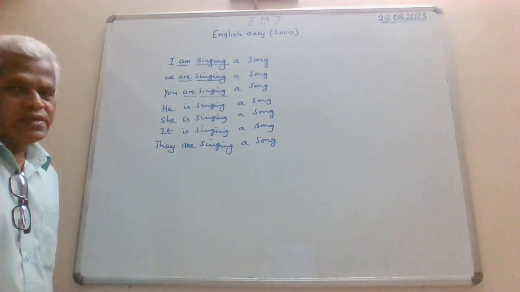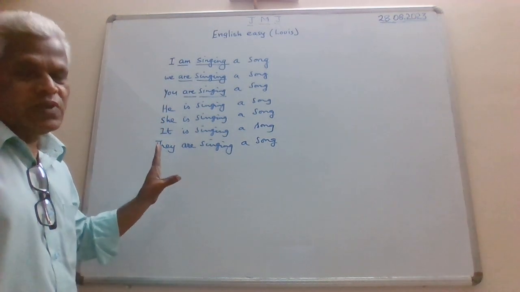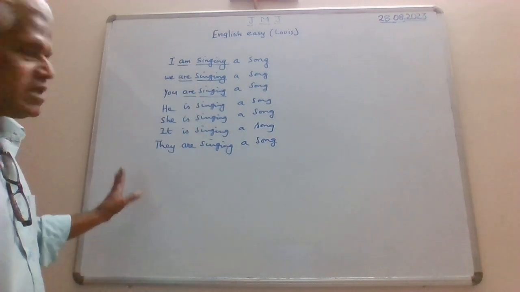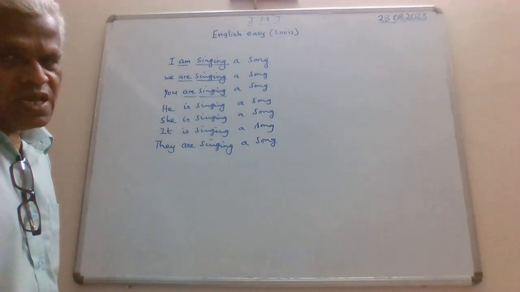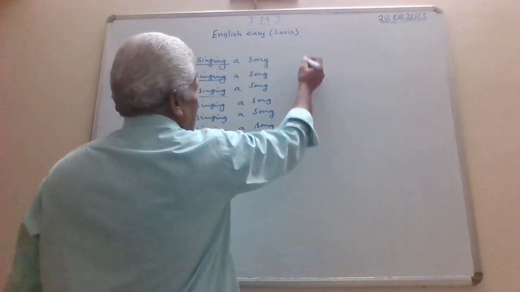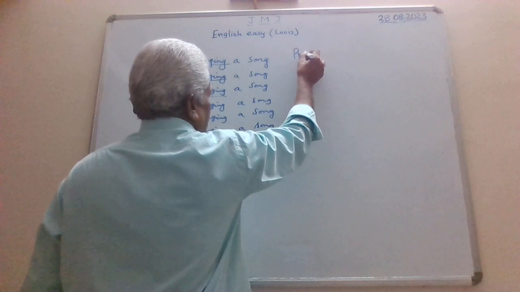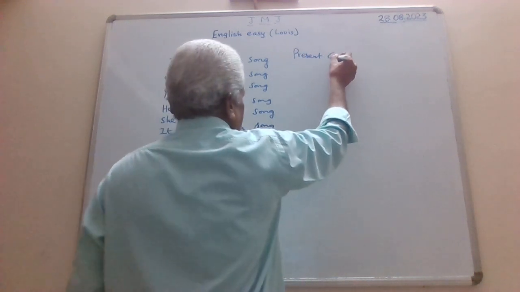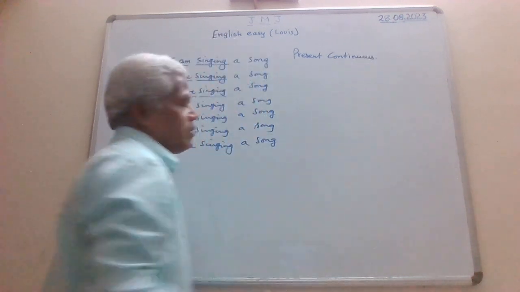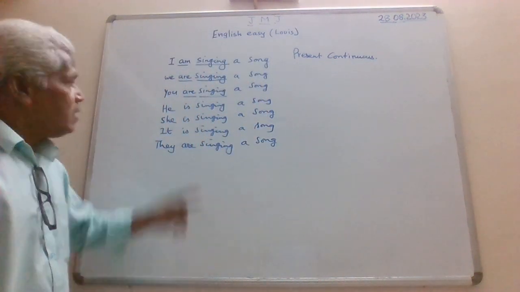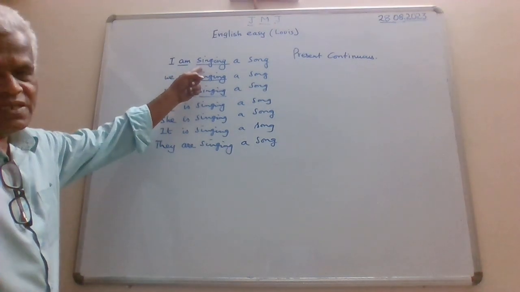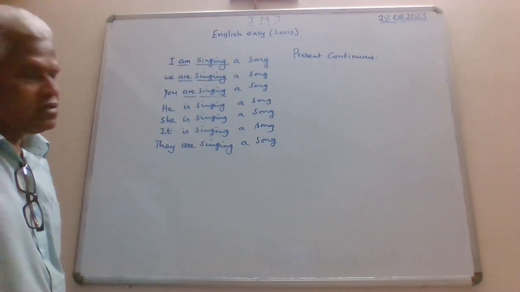Alright? Now you must have seen the formation of the verb already. So this is present continuous tense. Let me write it here. Present continuous tense. Now for your subject I, you are using am plus main verb and then ing.